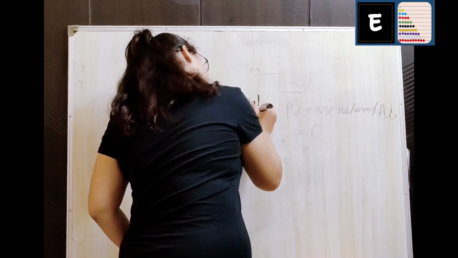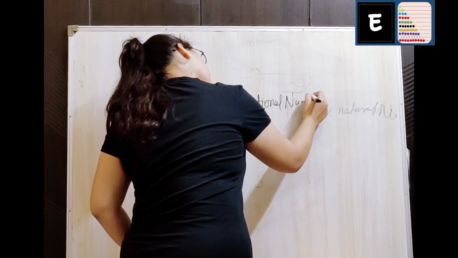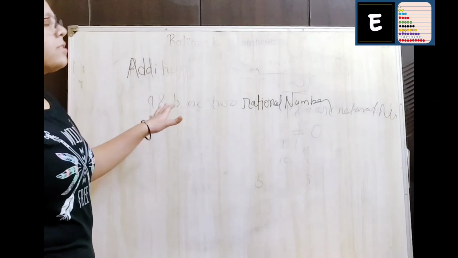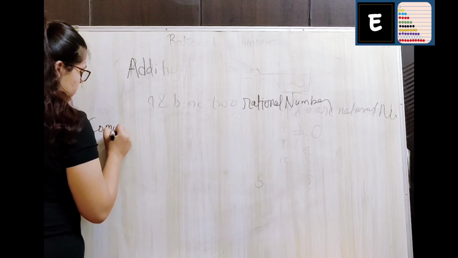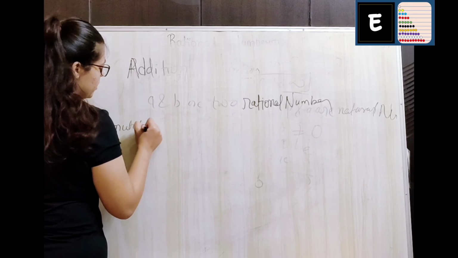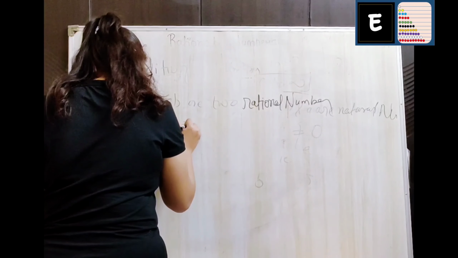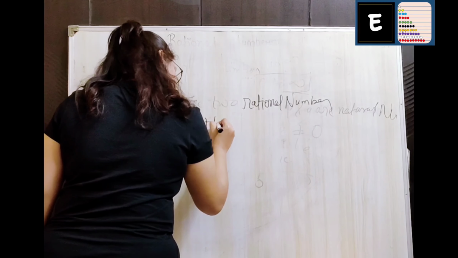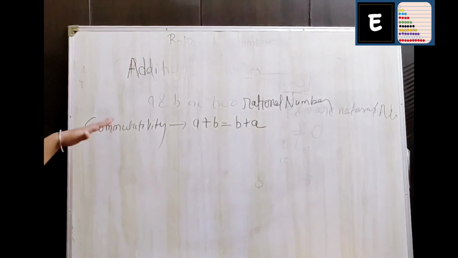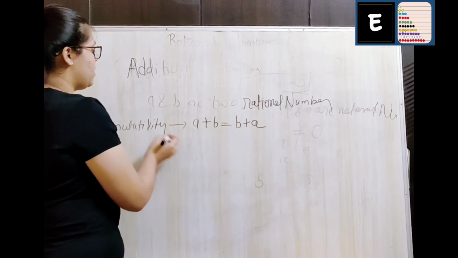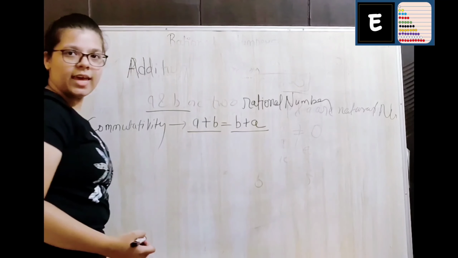Let's assume that A and B are two rational numbers. So what is commutativity? A plus B equals B plus A. This is our commutativity property of rational numbers. If A and B are two rational numbers, then A plus B equals B plus A.